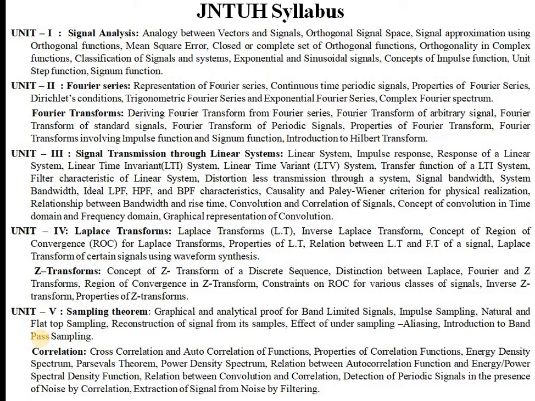Similarly, we will study mathematical tools such as convolution as well as correlation, find their mathematical representations and calculations, and see how we find the convolution between any two signals by graphical means in the third unit.